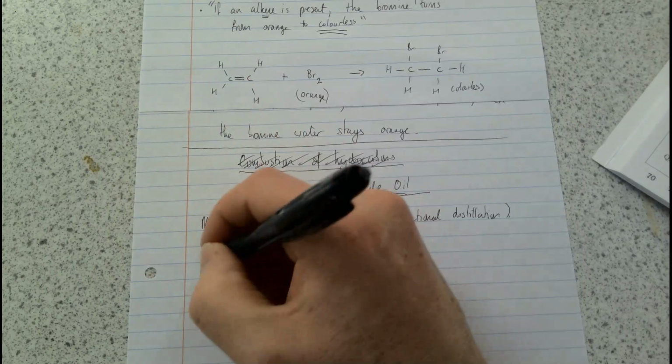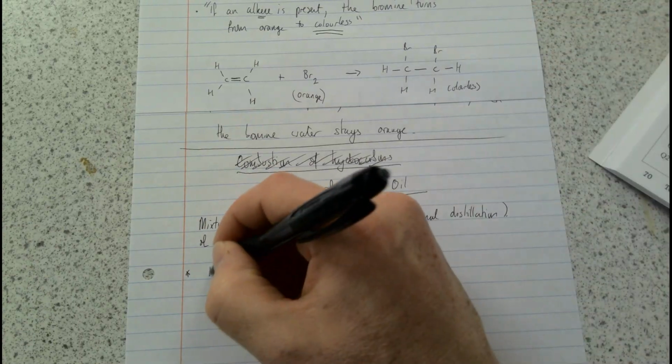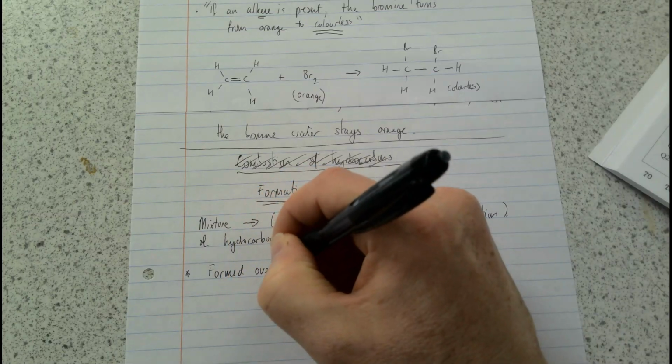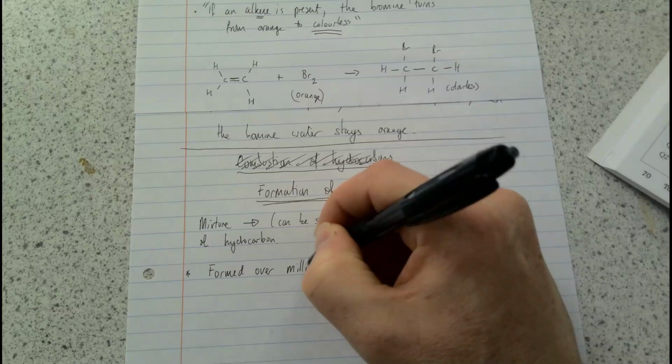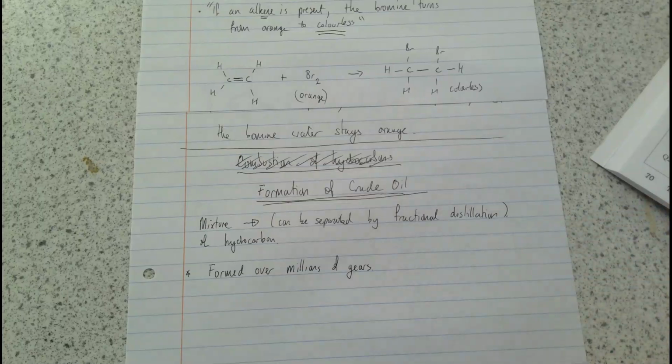We have to understand, though, and this is the bit I wanted to cover now, that it was formed over millions of years. That's the first kind of idea.